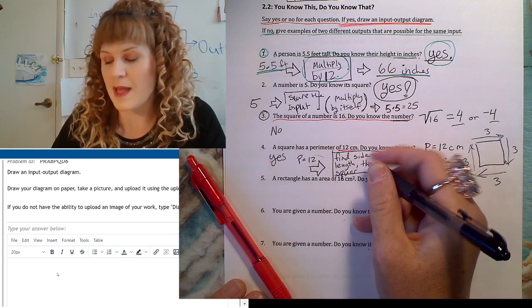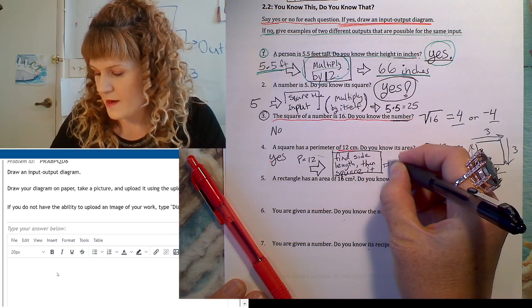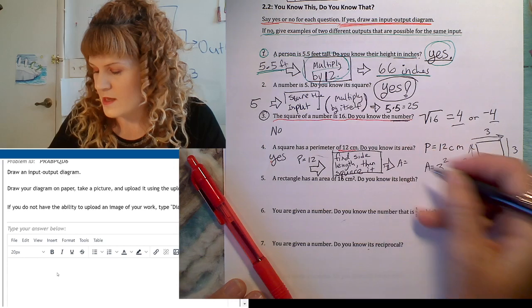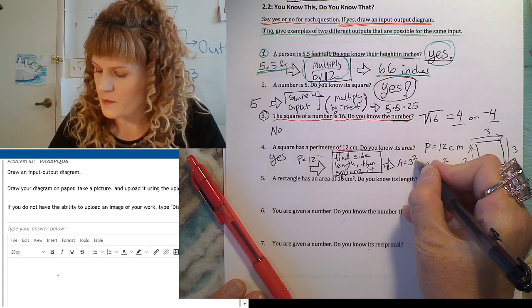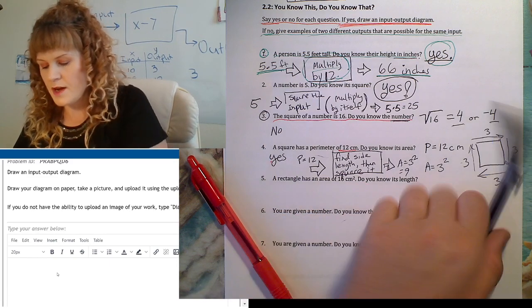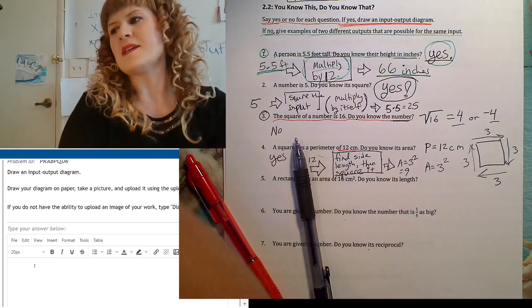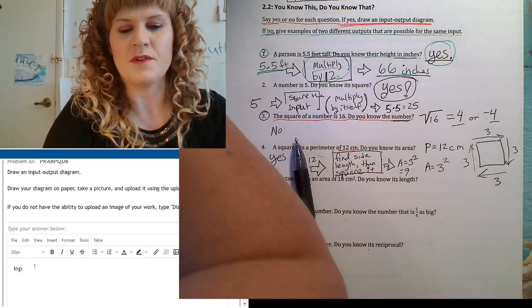That means multiply by itself. Then square it. And our output is going to be area equals 3 squared, which equals 9. You can take a picture of your input-output diagram, but you might think it's faster just to type it in. So let me do that. I'll show you what will be good.